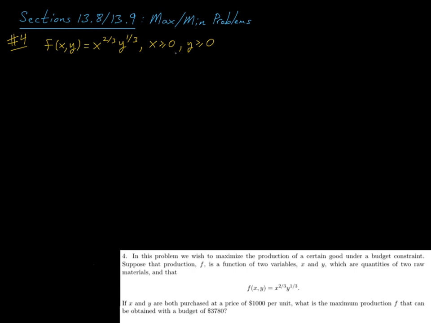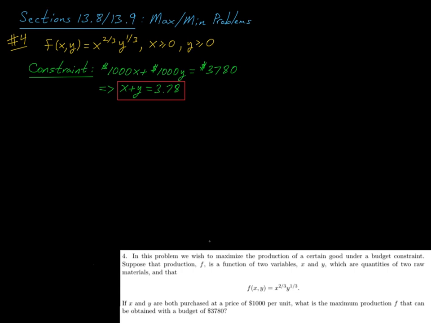$3,780? Okay, one thing to point out here is that since x and y denote the number of units of these two raw materials, in particular they're non-negative values. Now for our budget constraint, since raw material 1 is $1,000 per unit and we're using x units of it, I'm going to spend a total of $1,000 times x on raw material 1.